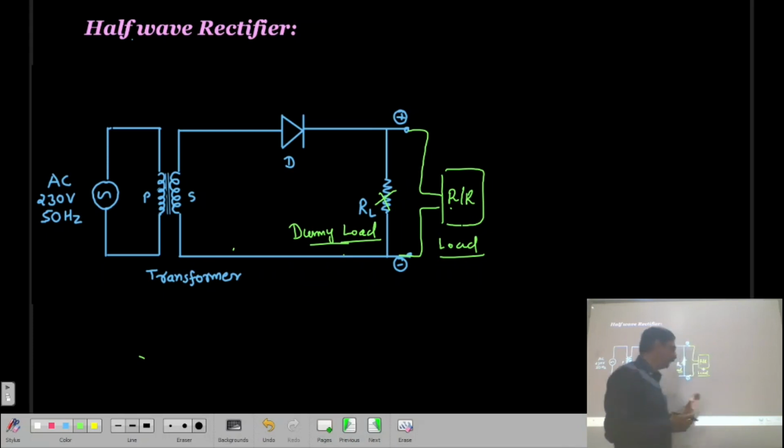But this RL, whatever RL I have mentioned here, is just for our calculation purpose. So whatever the impedance or input resistance of the radio receiver is, you can represent that as RL in the circuit diagram.